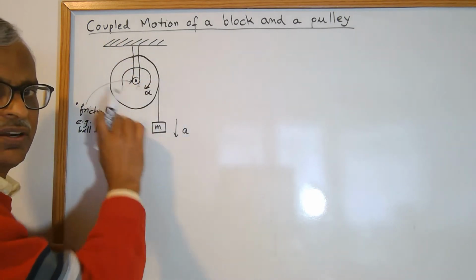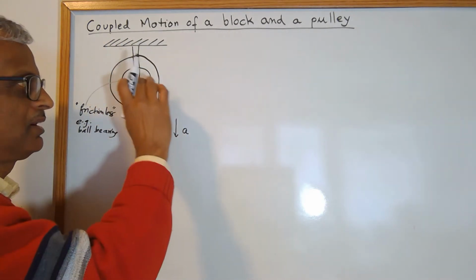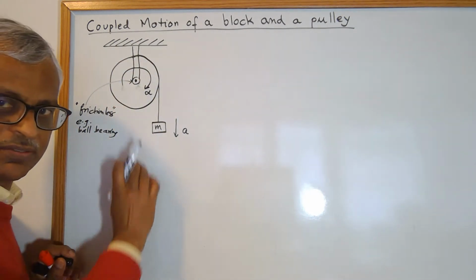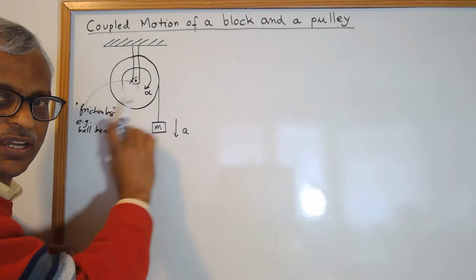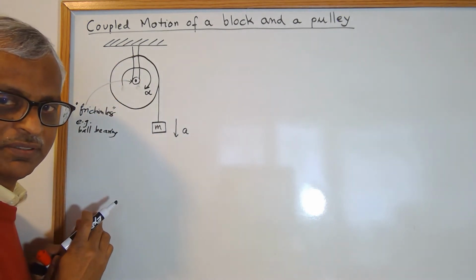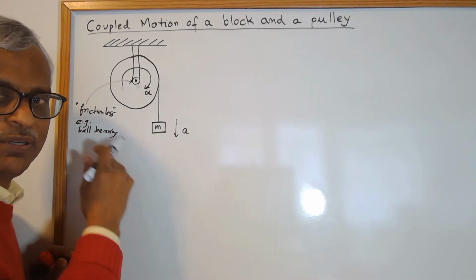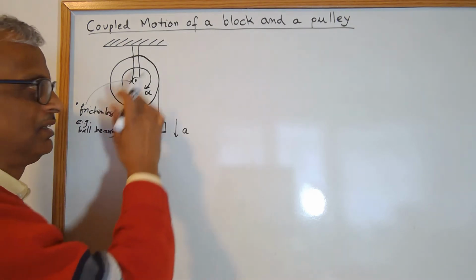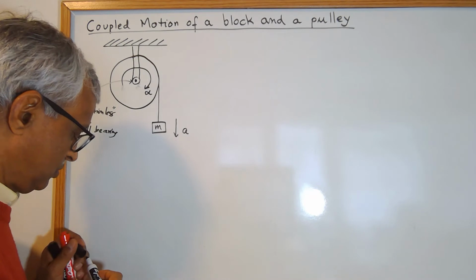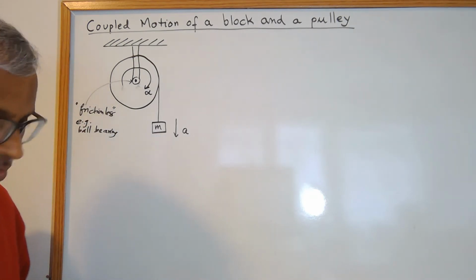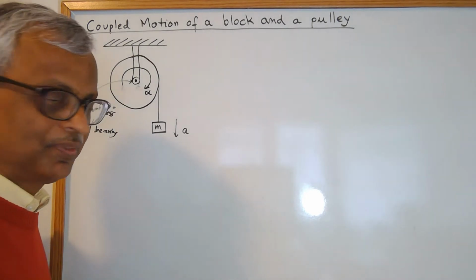Because this is going counterclockwise, it would be nice to have counterclockwise as positive. And this is going clockwise. It's nice to have clockwise things positive and counterclockwise negative. Although you may have been doing the other way around, this is the way I would recommend doing sign conventions. Okay.